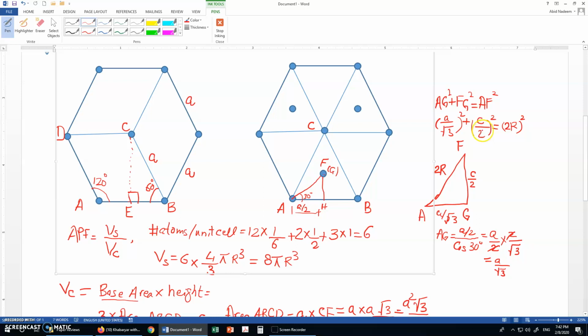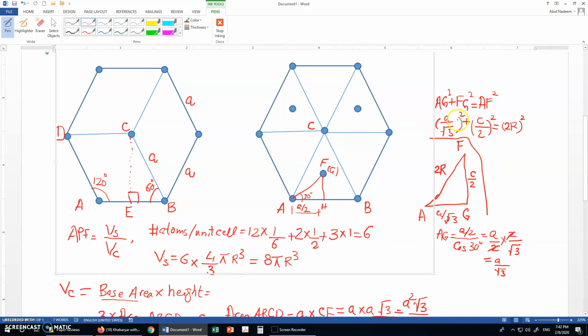And we also know that A is equal to 2R, so we can put it here, or we can put 2R is equal to A, so anything is possible. It's better to find C in terms of R, because this is what we need. So instead of A we can put 2R over here.